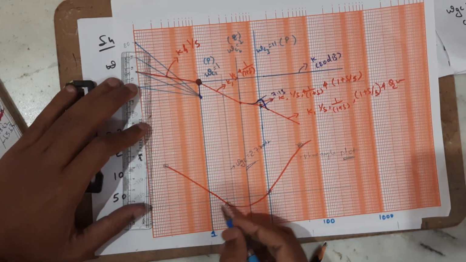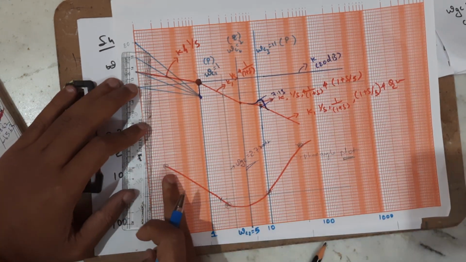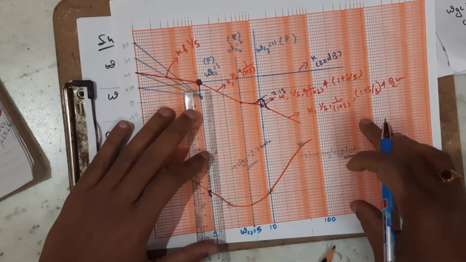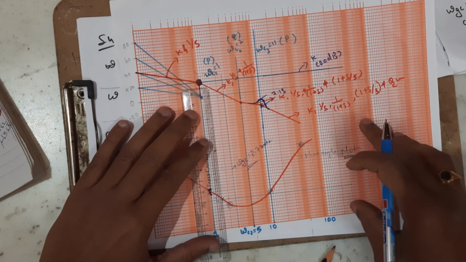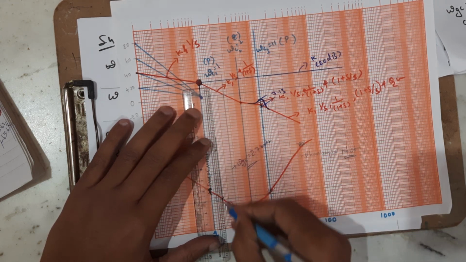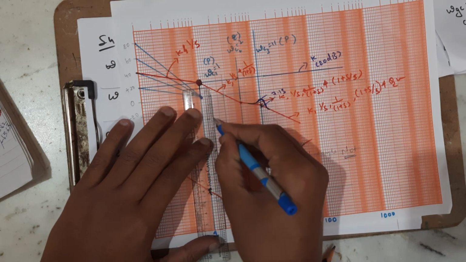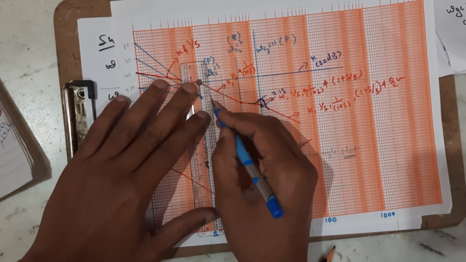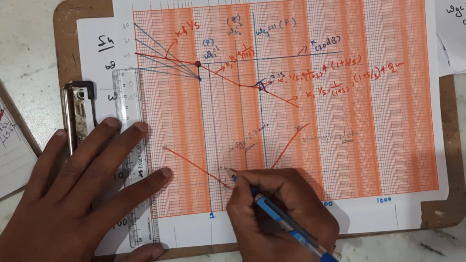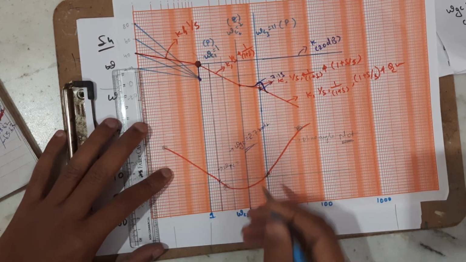Now I need to calculate the omega PC. Here is where the phase angle plot crosses the minus 180 degree. I am going to extend this. This is the omega PC. How much is this?